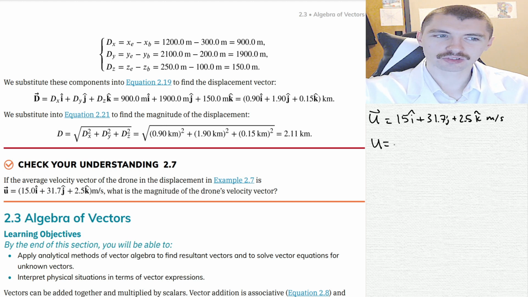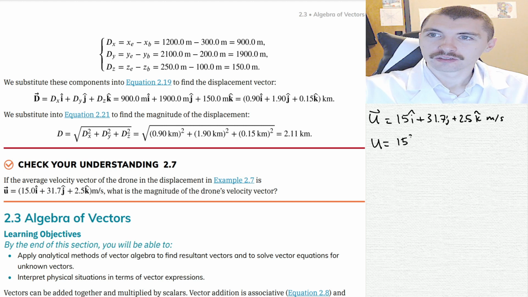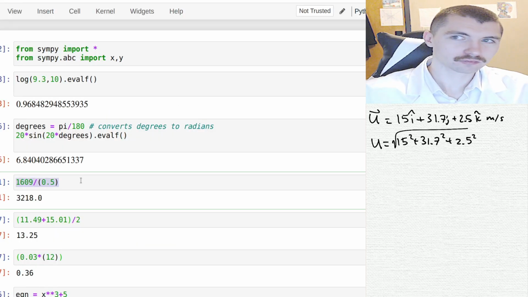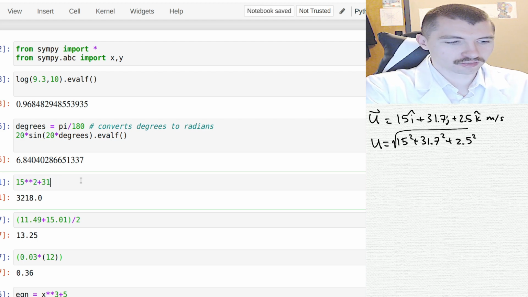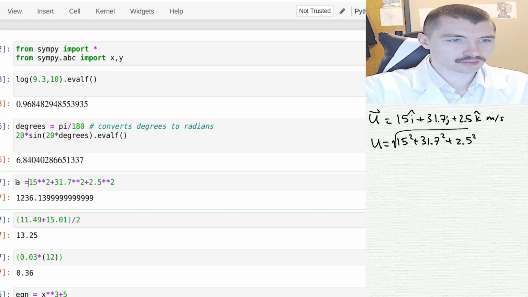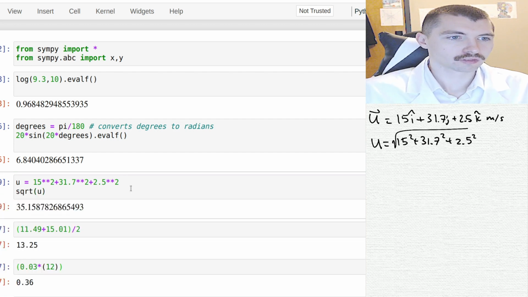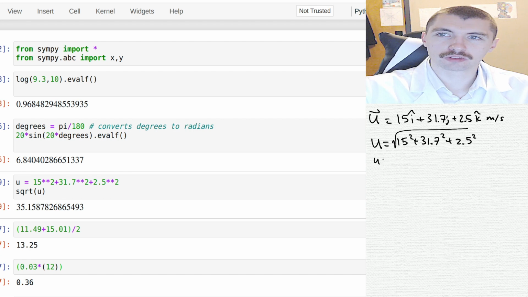So it would be 15 squared plus 37.7 squared plus 2.5 squared. So u is 35.2 meters per second.